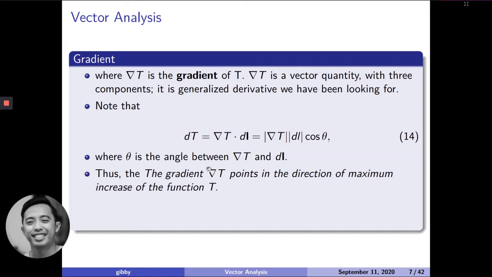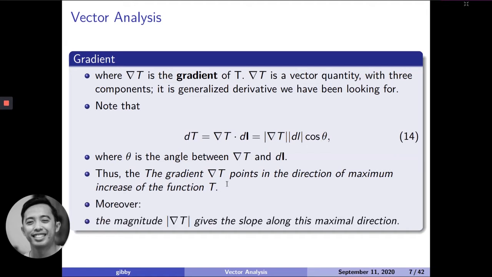Thus, the gradient points in the direction of maximum increase of the function T. Moreover, the magnitude of the gradient of T gives the slope along this maximal direction.